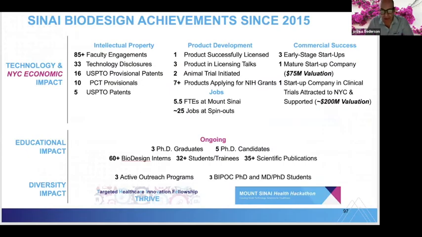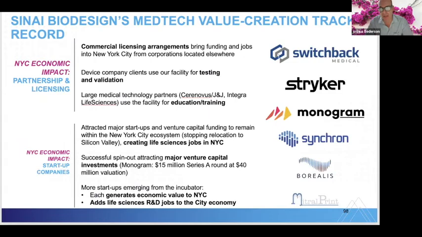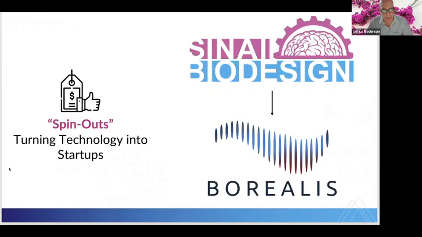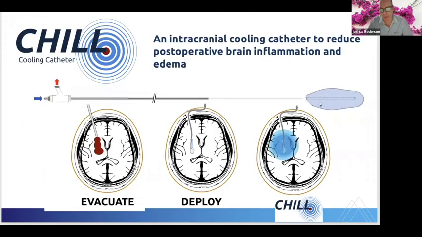Over the past several years, we have engaged faculty to create new concepts, new ideas, commercial licensing agreements, and new companies such as Chill, which is a new catheter to cool the brain, and many others.